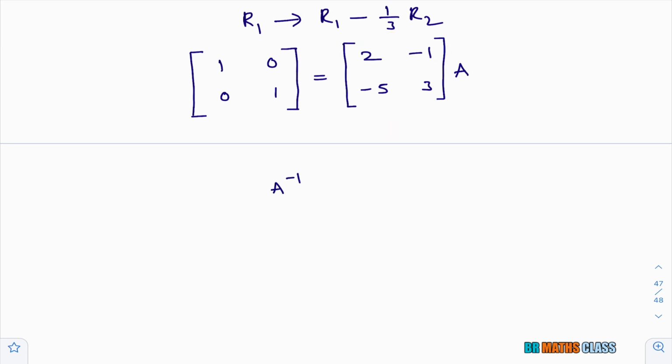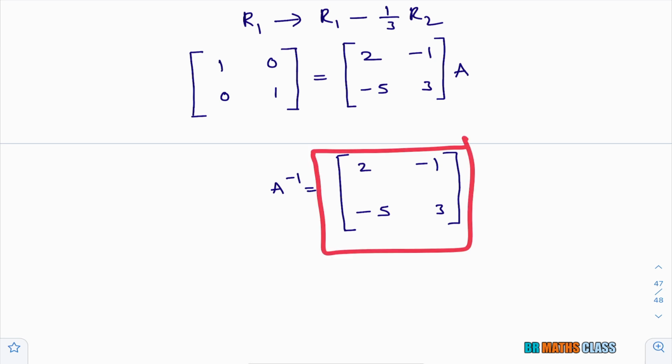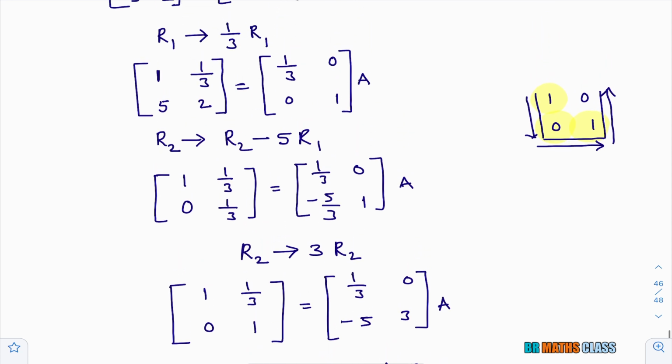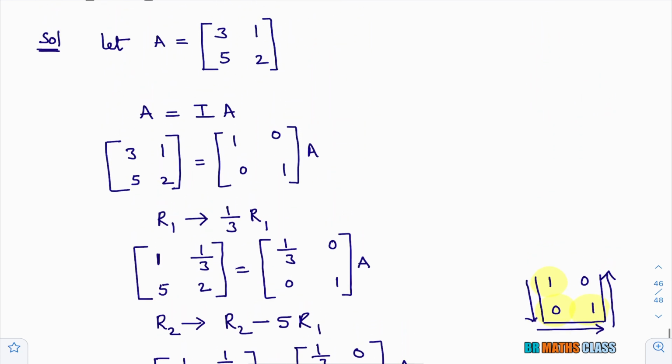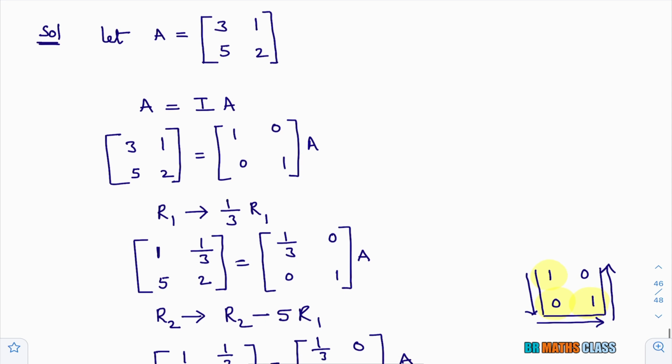What is A inverse? A inverse is 2, minus 1, minus 5, 3. So for the given matrix, inverse is this matrix. I hope you understand. These problems are a little difficult, but with practice you can do these things very easily.